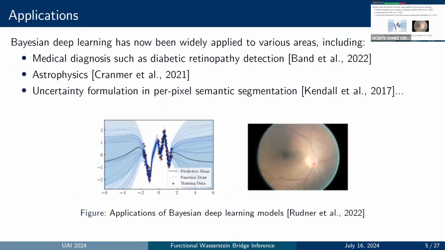BDL has been recognized as an effective tool for a wide range of tasks, such as medical diagnosis, astrophysics, and uncertainty quantification in some tasks. Look at this 1D toy example, which provides a good visualization of uncertainty quantification using BNN.